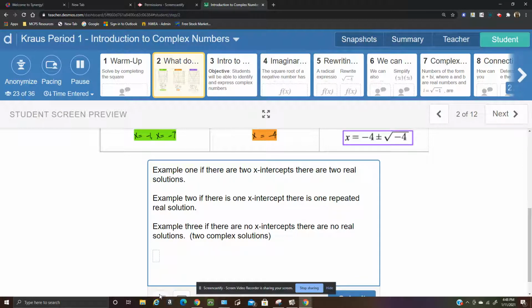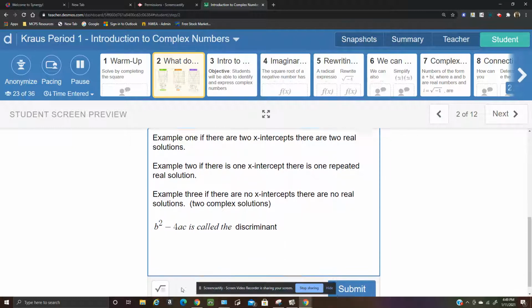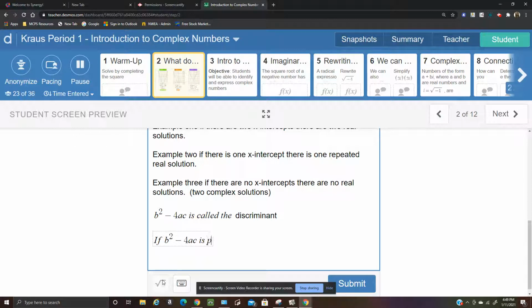So b squared minus 4ac. We can say if b squared minus 4ac is positive, there are two real solutions.